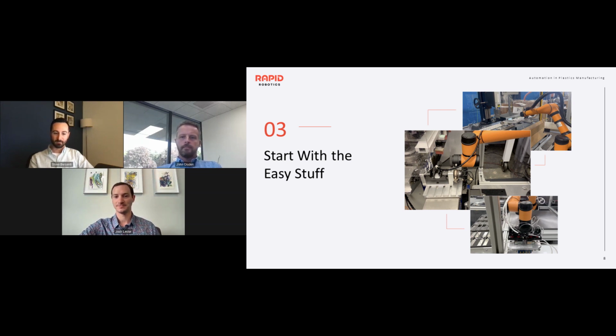Yeah, I'm constantly surprised by some of the things that my team comes up with on the engineering side. There will be tasks that I'll take a look at and say, there's no way we can do this, or we're never going to be able to grasp that part. And next thing you know, there's a gripper downstairs that's picking that part up and proving to me that this is something we should go after, right? I'm constantly being surprised.